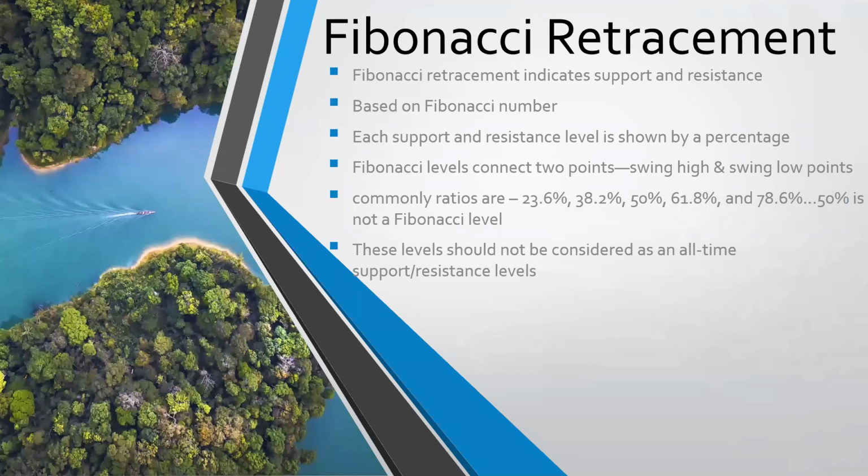So 61.8 and 78.6. And again, just relying on these levels is kind of dangerous. So I highly recommend that we don't just rely on that, and it shouldn't be considered an all-time support and resistance level.